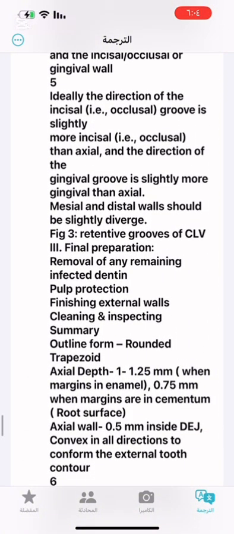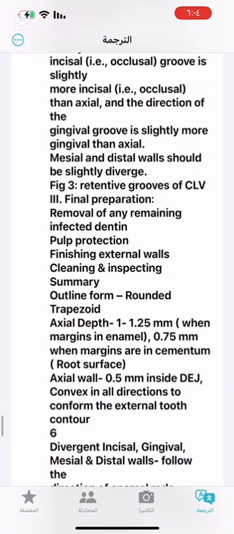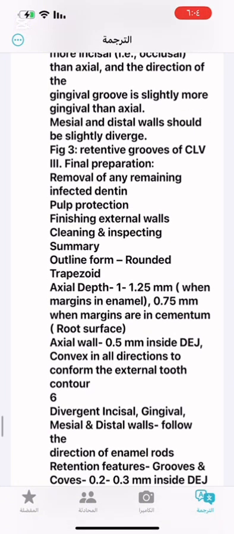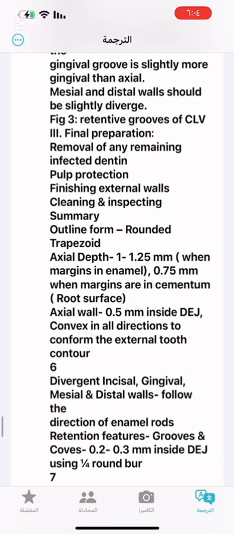Figure 3. Retentive grooves. 4. Final preparation. Removal of any remaining infected dentin. Pulp protection. Finishing external walls. Cleaning and inspecting. Summary: outline form, rounded trapezoid.